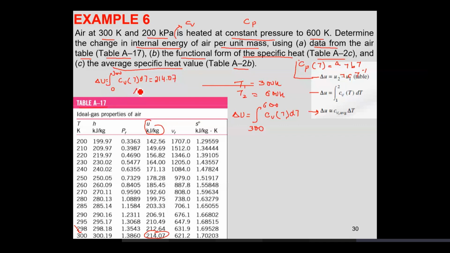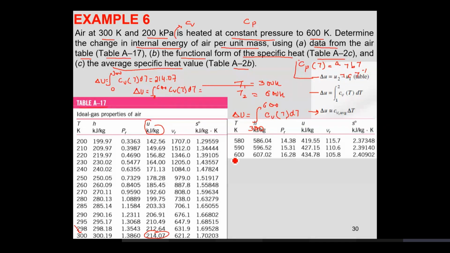Yes, sir. And delta U: the second temperature is 600, so from 0 to 600 Kelvin, the integral of CvT dT is essentially calculated from the remaining portion of the table. Temperature is 600, U value is 434.78.